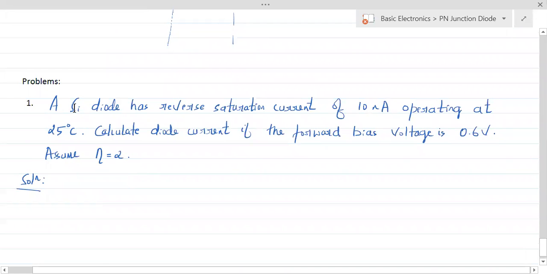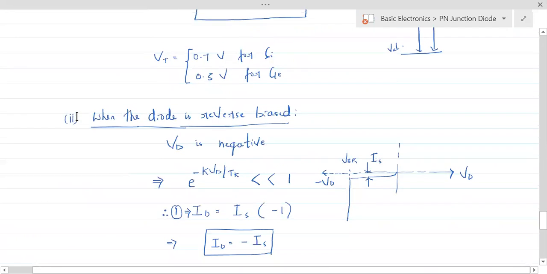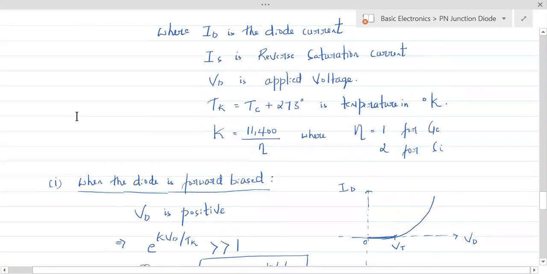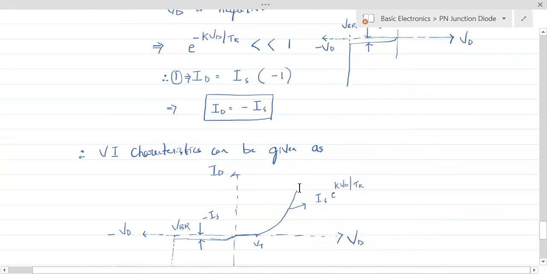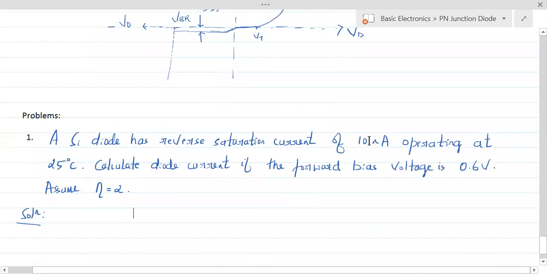The given diode is a silicon diode, and we also talked about this eta. What is this eta? Eta is 2 for silicon and 1 for germanium. In this equation we have so many other parameters: K, then VD, the applied voltage, and the temperature in degree Kelvin. All that needs to be considered now. That's why in the problem they have given us the reverse saturation current and the operating temperature.